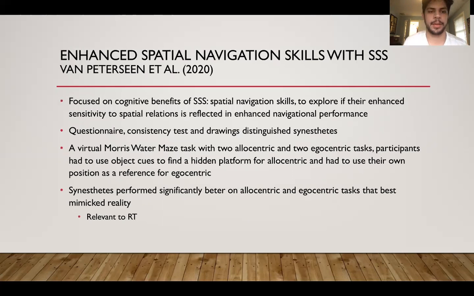And then the next study is on enhanced spatial navigation skills. They really focused on the cognitive benefits, exploring whether their enhanced sensitivity to spatial relations is reflected by their enhanced navigational performance. They used a questionnaire for identifying people for the study.